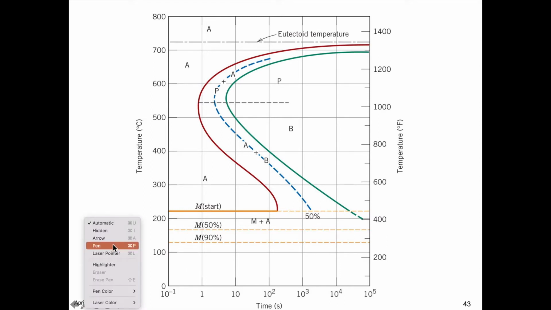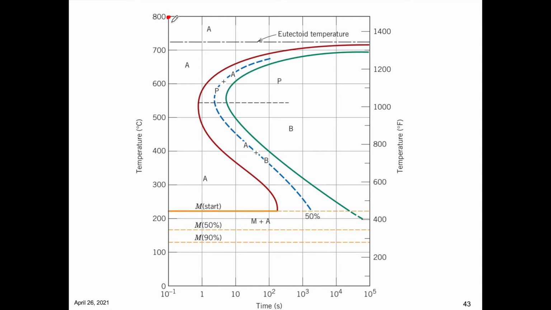Again, I'm going to use the pen. We're going to start above the eutectoid temperature, so let's say we pick 800 degrees. That's our starting point. When we have this isothermal transformation diagram, it implies that we're doing this at one temperature. So we're going to go from 800 to whatever our temperature is very rapidly, basically almost instantaneously, so that it is still isothermal.